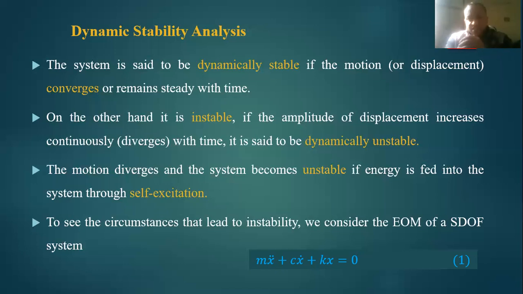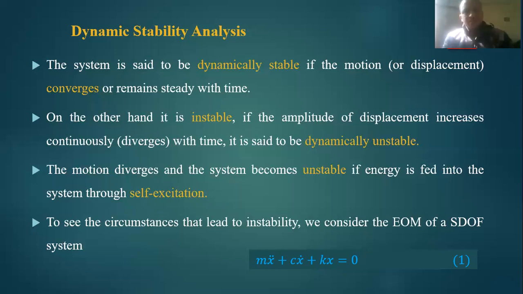So let's see some circumstances that lead us to instability. Let's consider the equation of motion of a single degree of freedom system with no external force.